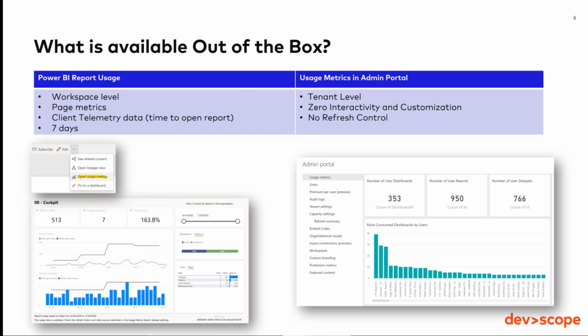So you'd only get the views and the page views of the entire workspace, but you don't get it from the entire tenant. So if you want to get this for the entire tenant, you need to create this report for each workspace that you manage. But it's good enough. If you only have 1 or 2 or 3 workspaces, it could be good enough.